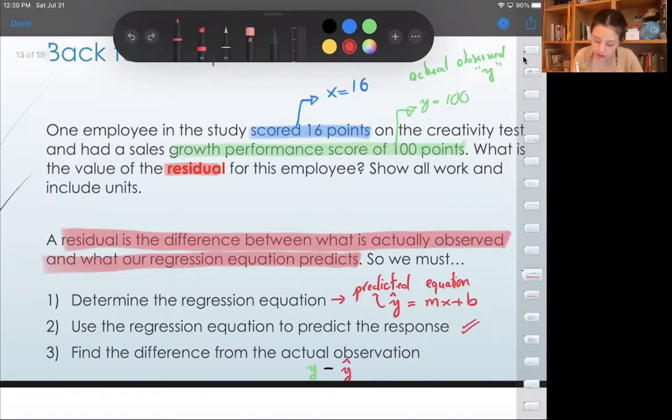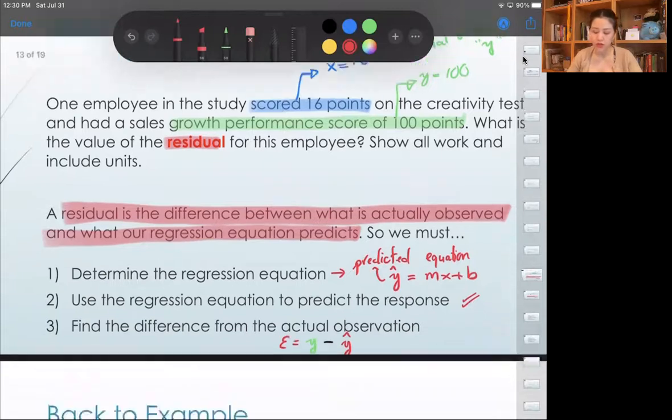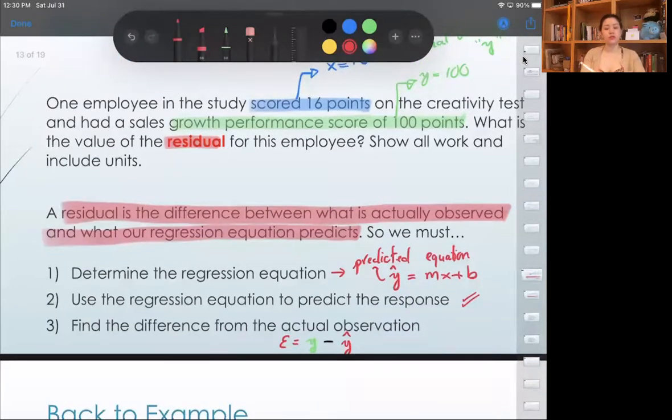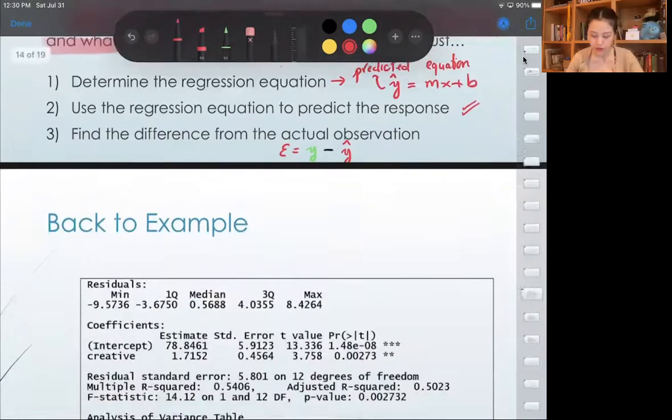And they denote the residual as e. It looked like an epsilon to me. All right, so those are the steps. You have to determine the regression equation, plug it in, find out what y hat is, and then find the difference.